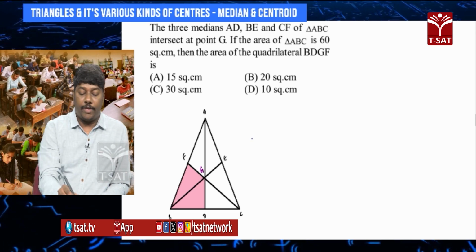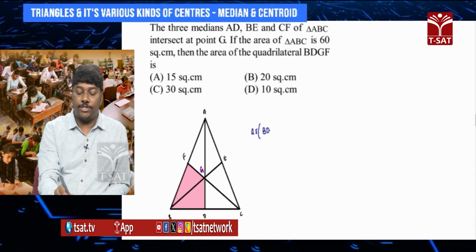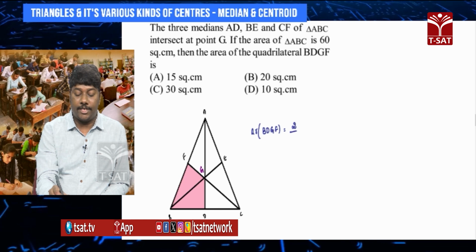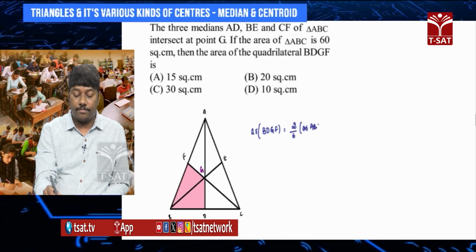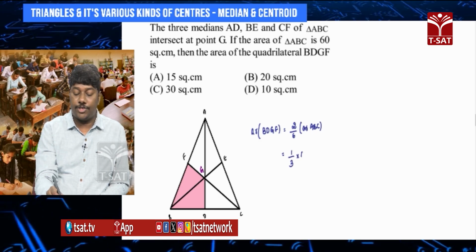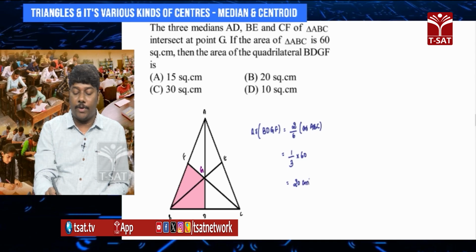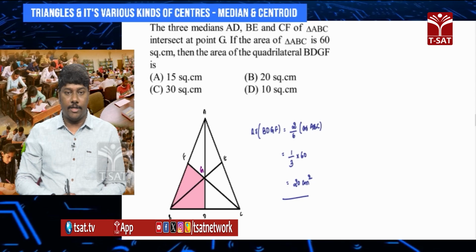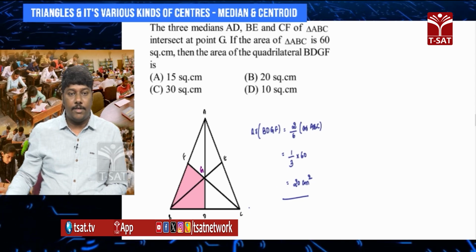So, I would say the area of the quadrilateral BDGF is equal to 2 parts out of 6 parts of the area of triangle ABC. So, which is 1 by 3 of the area of ABC, given as 60, which is equal to 20 square centimeters. So, the answer here is 20 centimeters square. It is actually 1/3 of the entire triangle.